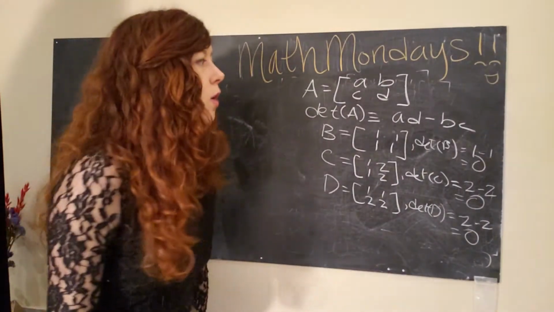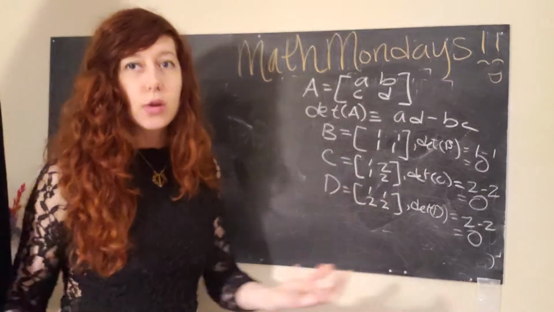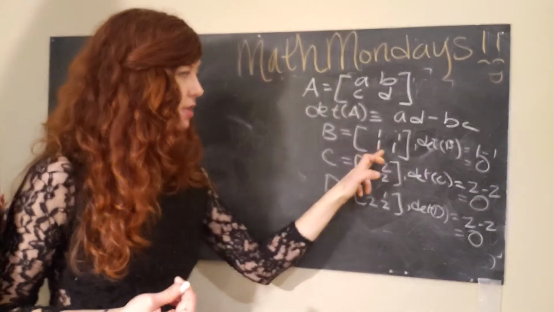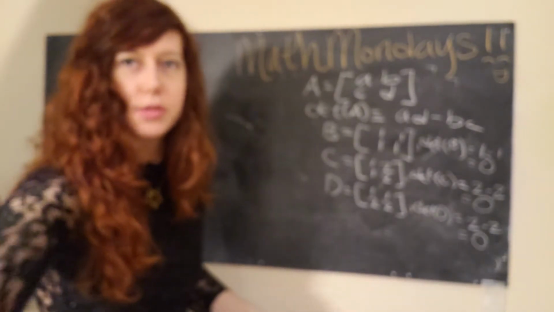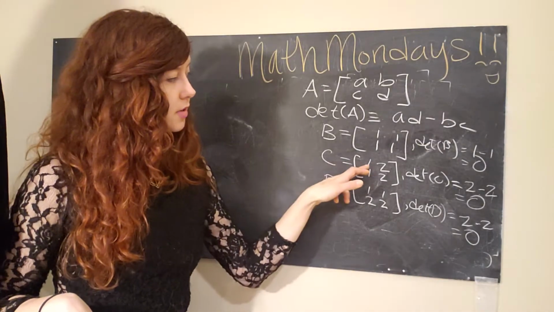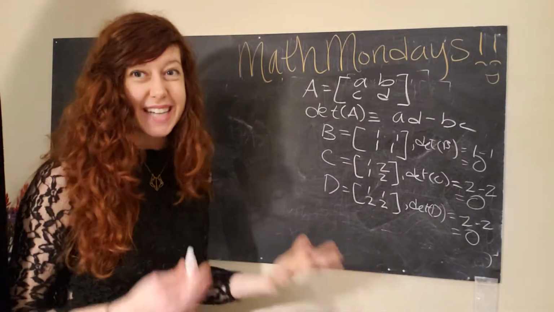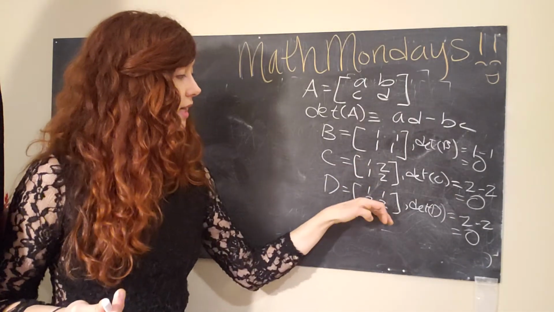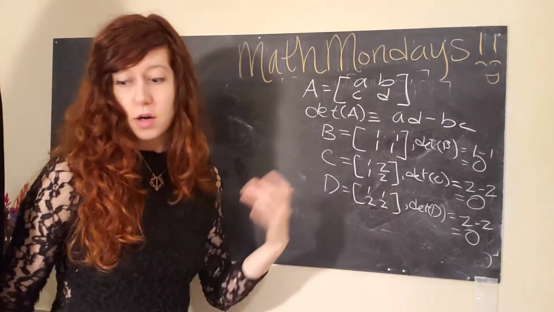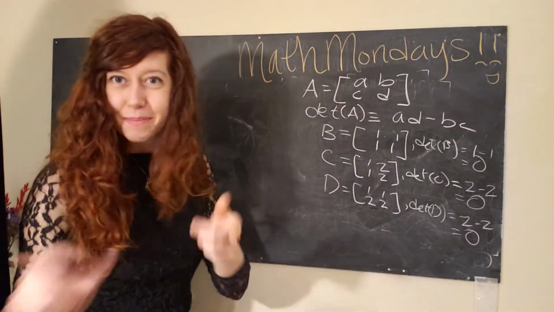So the determinant tells us if our matrix has the same elements, if every element is the same. Sorry about that. It also tells us if the rows in our matrix are the same. And lastly, it tells us if the columns of our matrix are the same. Pretty cool, right?